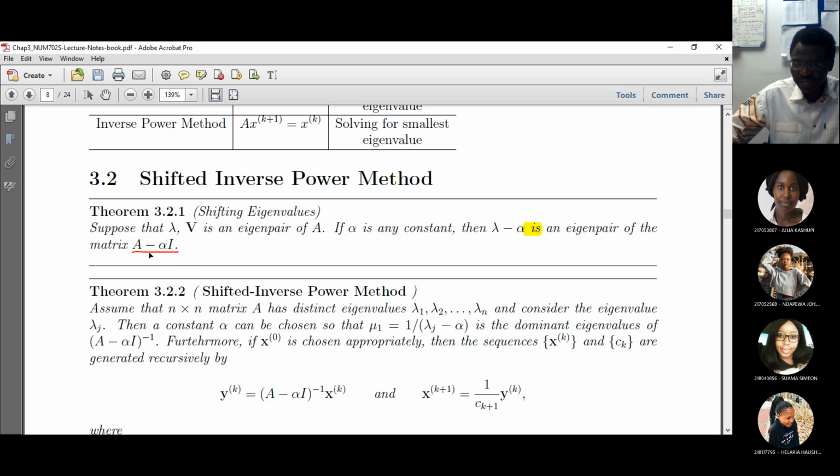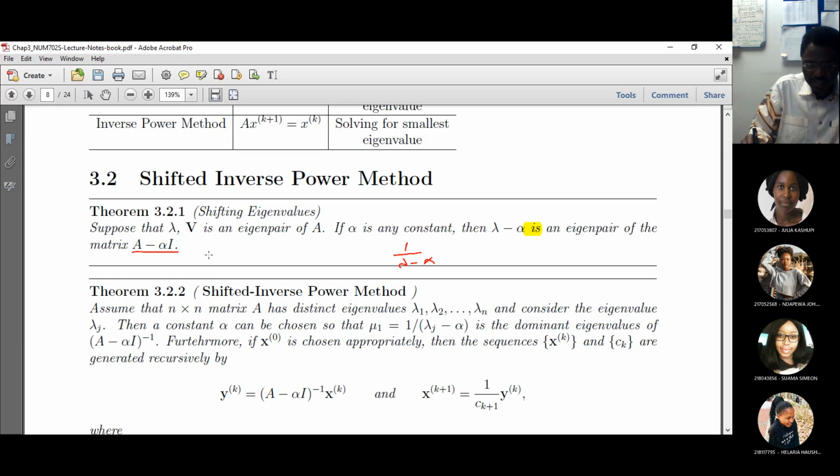If I apply the inverse power method to this given matrix, it will give us the reciprocal of this, right? That's what the inverse power method applied to A minus alpha will give us.